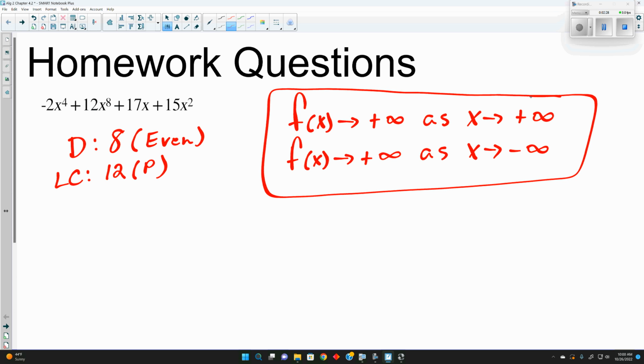And that's it. And we could have looked at the chart that we were given, so positive and even, and it would have given us the same thing. Any other questions on the assignment?